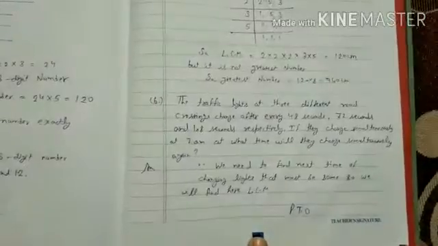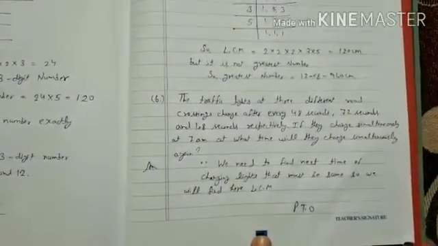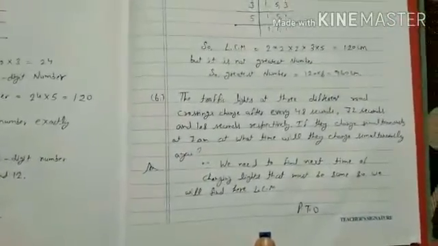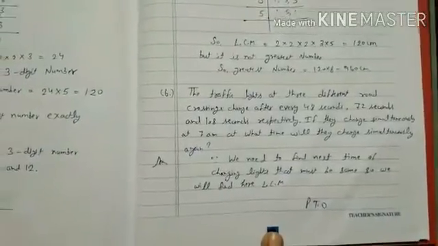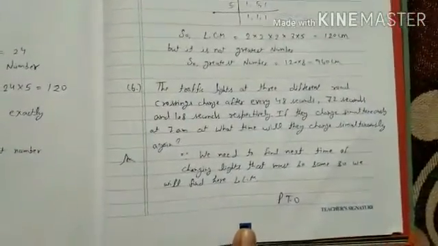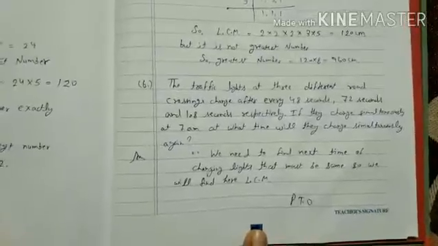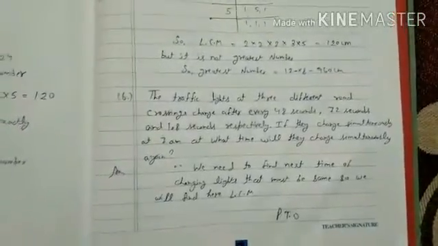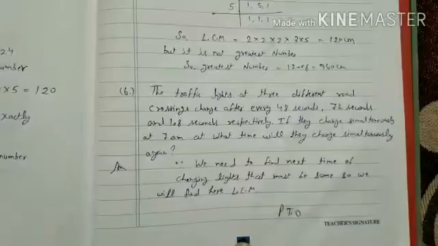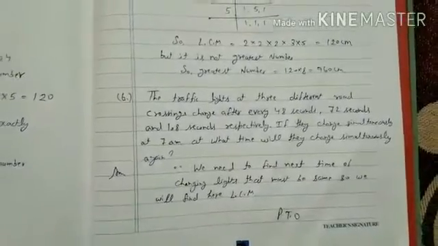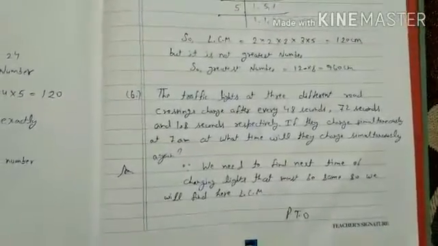The traffic lights at 3 different road crossings change after every 48 seconds, 72 seconds and 108 seconds respectively. If they change simultaneously at 7 am, at what time will they change simultaneously again?